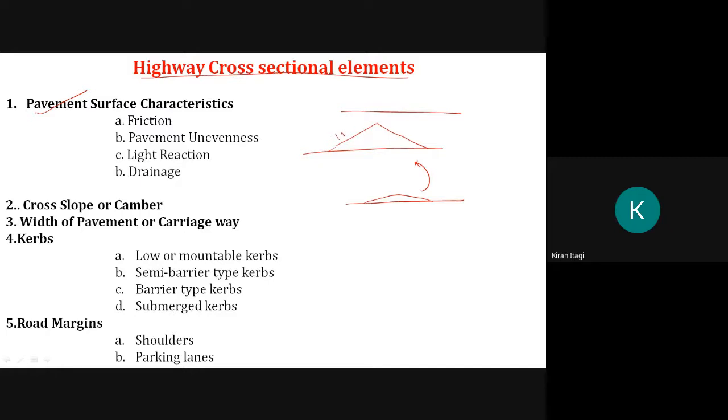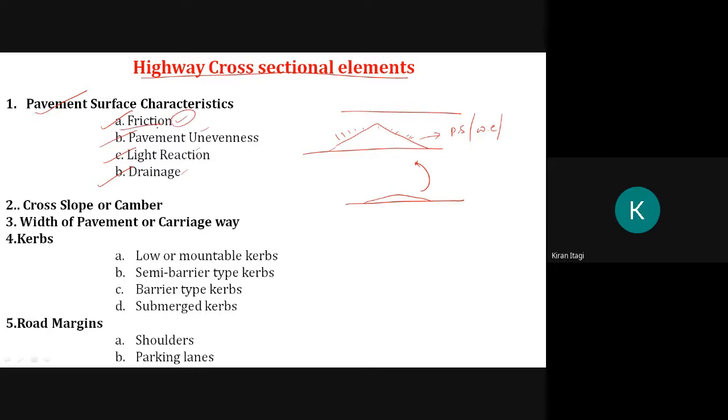So this is the top surface, which we call the pavement surface wearing course. The first things are friction, pavement unevenness, light reflection, and drainage. We will see one by one in depth how the surface should be.